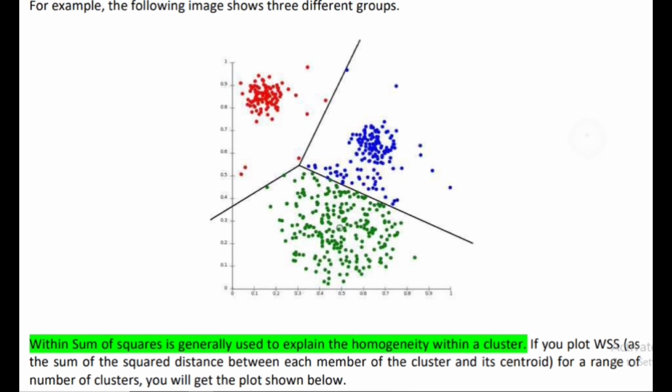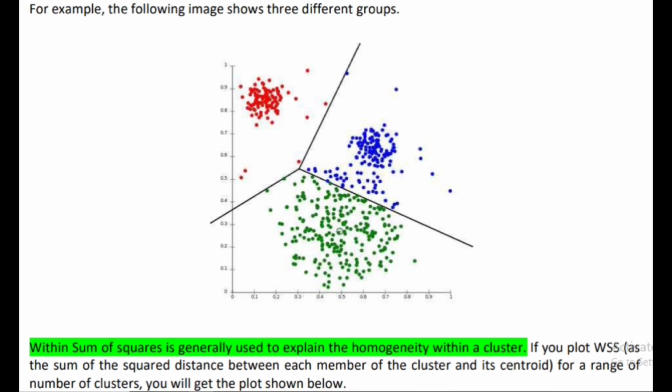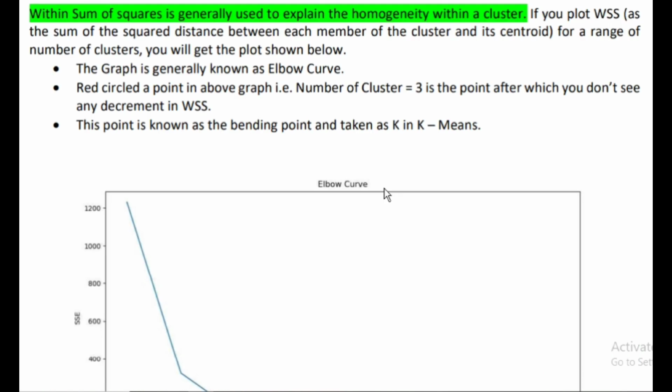Within sum of squares is generally used to explain the homogeneity within a cluster. If you plot WSS, the sum of square distance between each member of the cluster and its centroid, for a range of number of clusters, you will get the plot shown below.